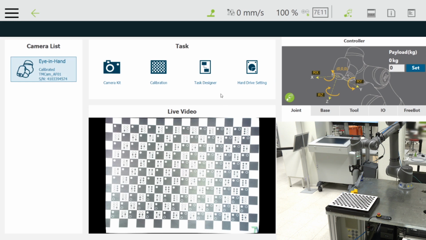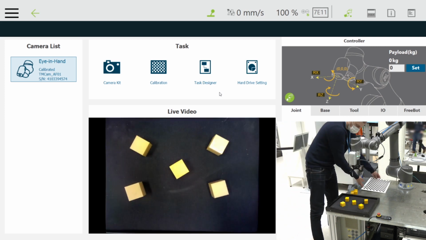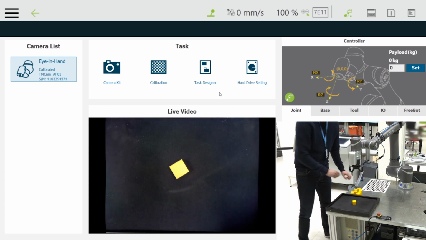Now the calibration plate and extra cubes can be removed from the camera's field of view. In this setup, just one cube is used for vision task teaching.